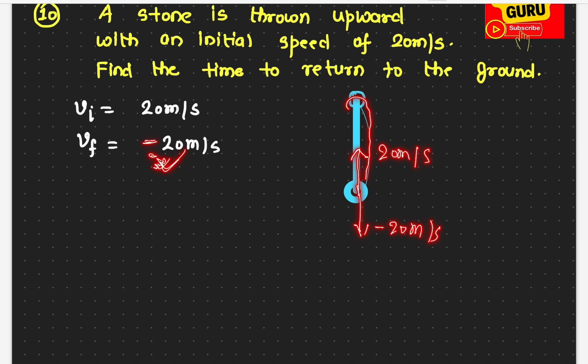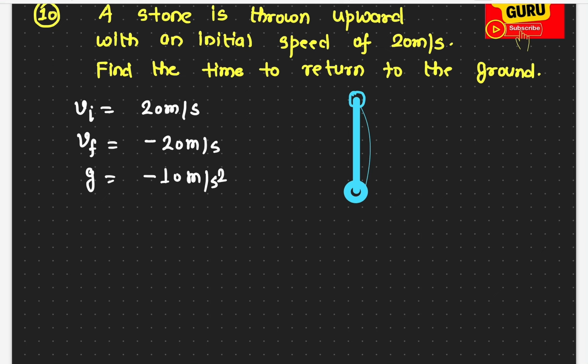This negative tells you the ball is moving in the downward direction. Everything upward we consider positive and everything downward is negative. And g would also be negative 10 meters per second squared. Why negative? Because at any point the acceleration due to gravity is in the downward direction.